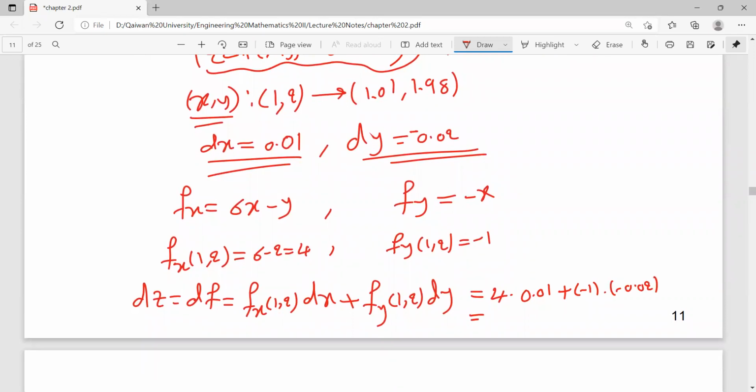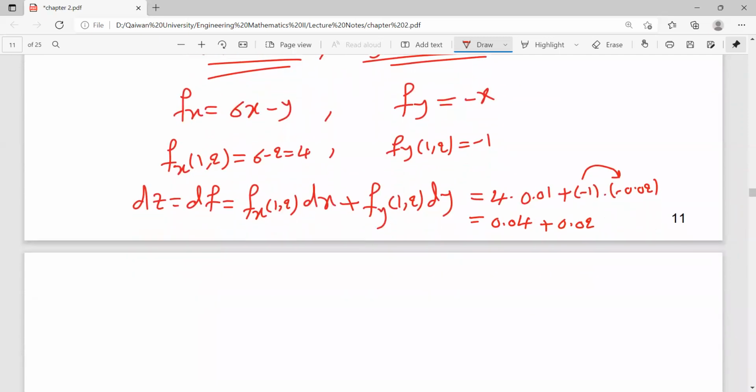So the result is 4 times 0.01, which is 0.04, plus negative times negative, which is positive, 0.02. So dz equals 0.06. This is the approximate change in z.